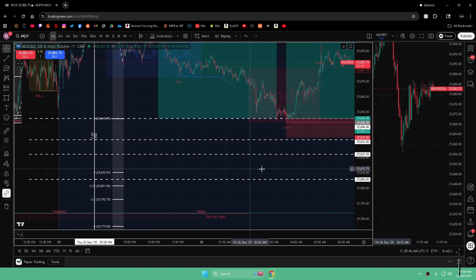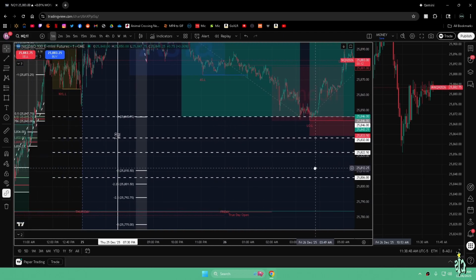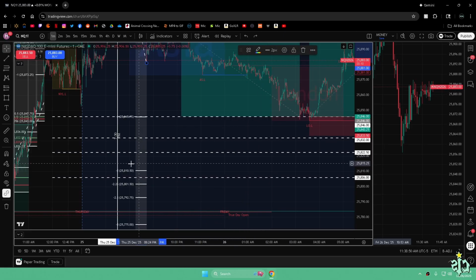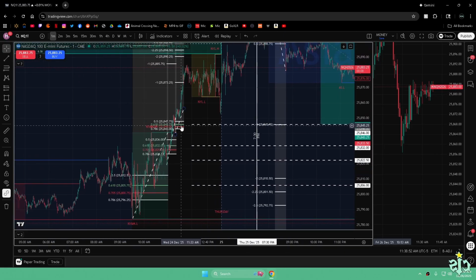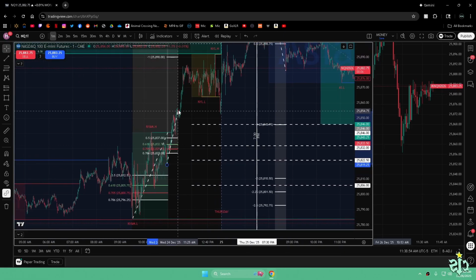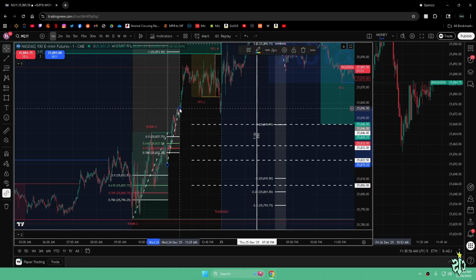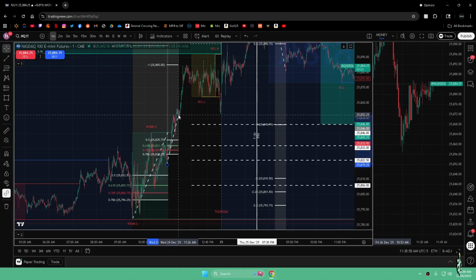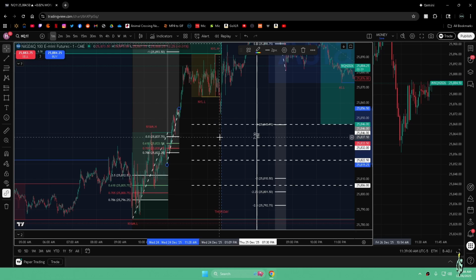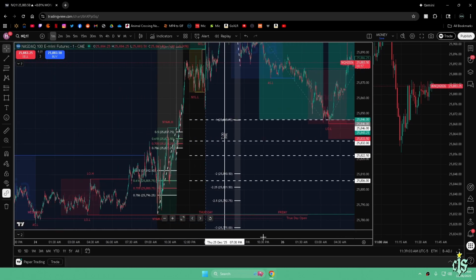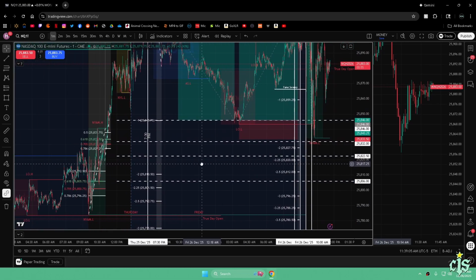Okay. And that one again doesn't get hit. Which one was it? It might have been this full range right here, actually. Full range. This should hit.